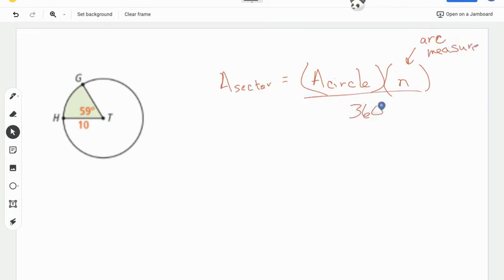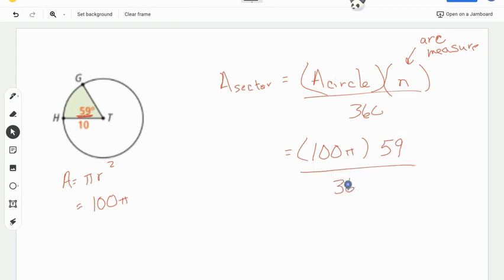And so I'm going to start by finding the area of my circle, which I know is always pi r squared. In this case is 100 pi. I also know that my n, my arc measure, is going to be 59 degrees. We're going to divide that all by 360. So I'm going to simplify. I'll get 5,900 over 360.